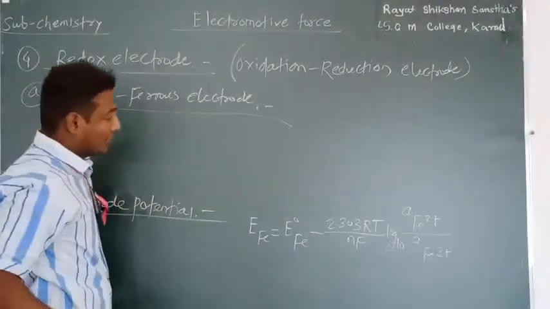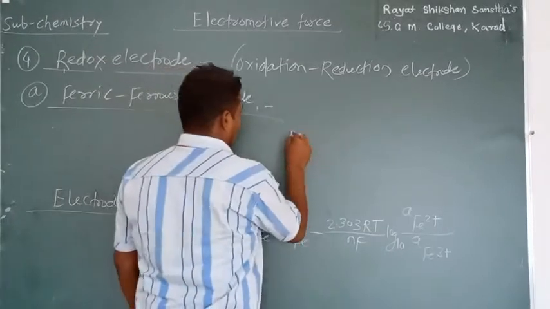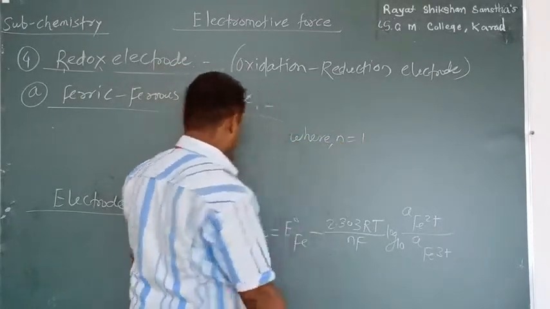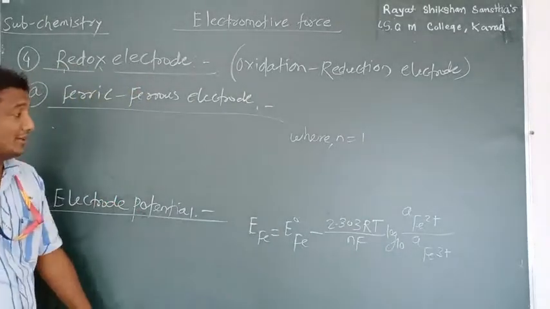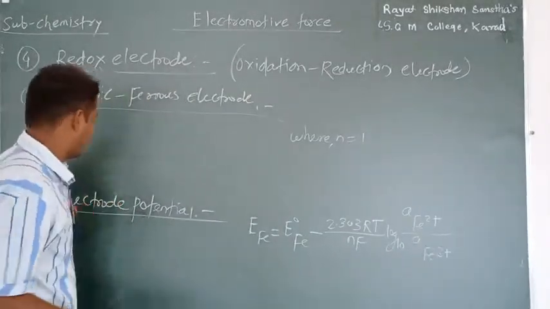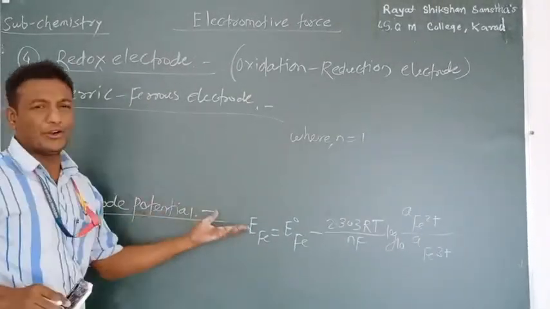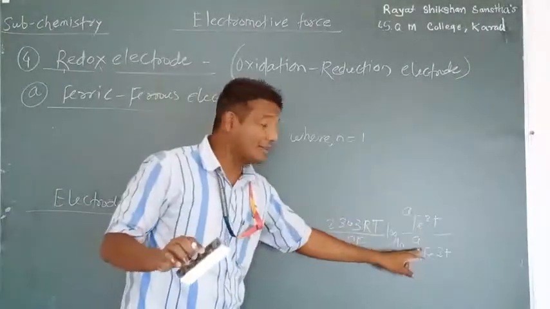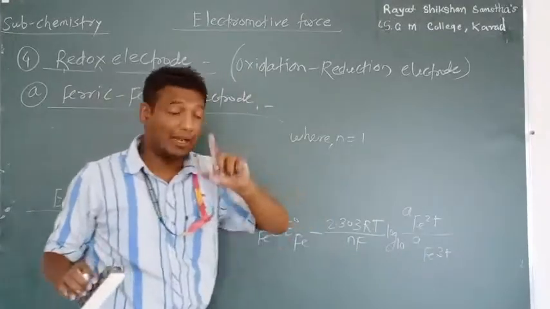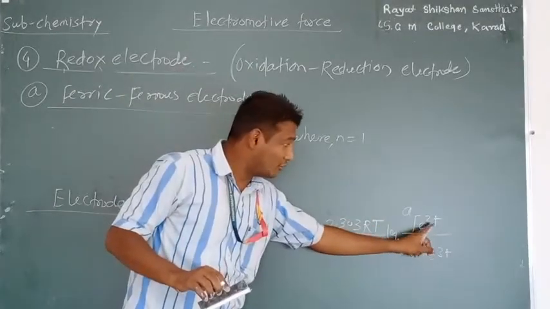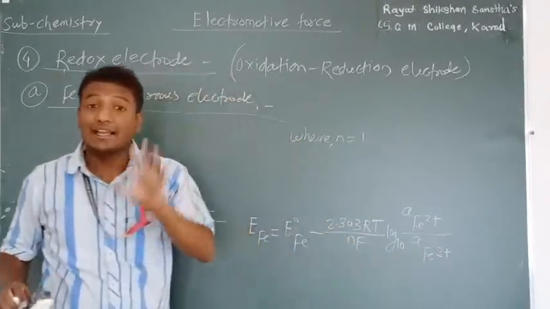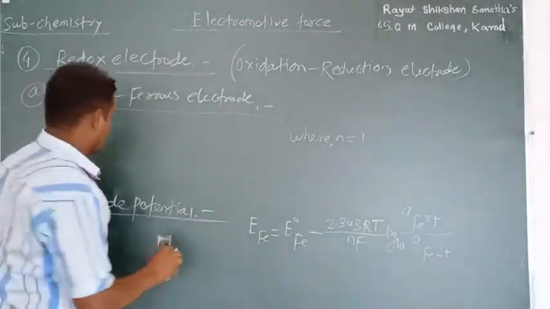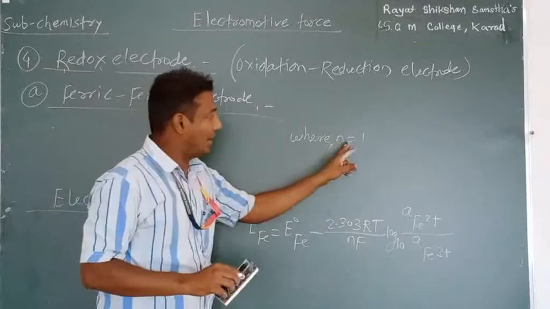Now we will put down the values, where n is 1. Only one value we have to put down here because these are the ions. No pure metal is present here. Keep this in your mind. Both these are Fe2+ and Fe3+. These are the ions, not the pure metal. So we only have to write n is equal to 1.